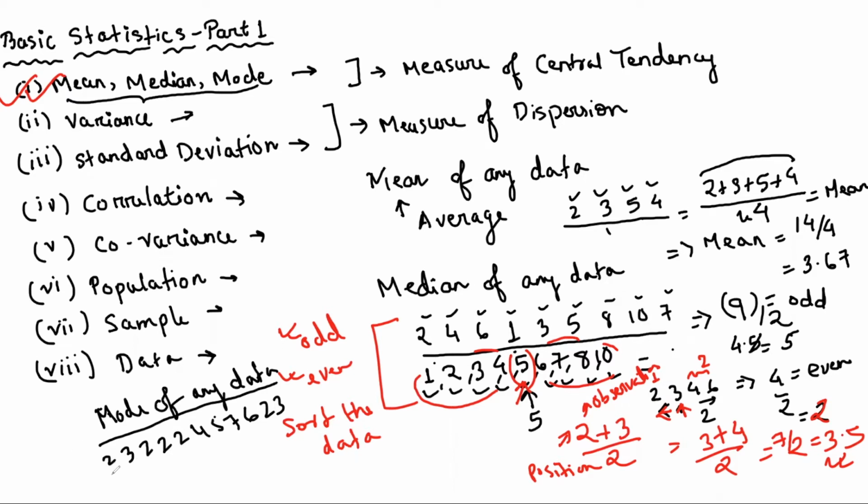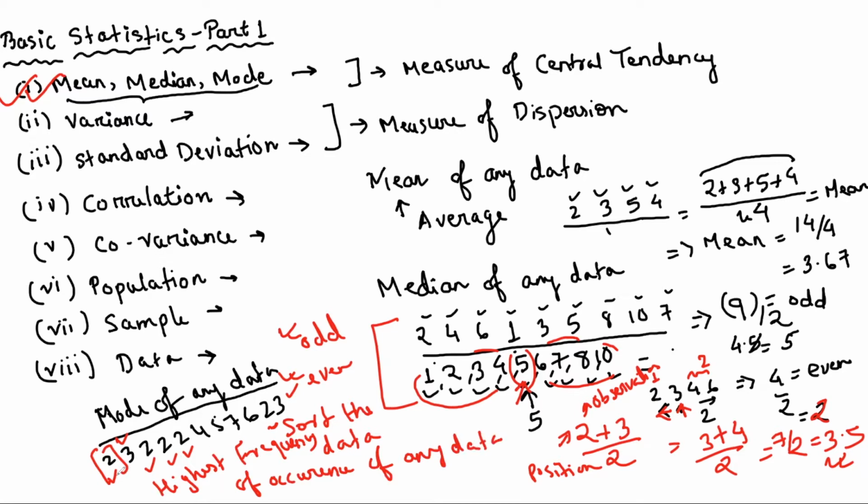It is 2. So 2 has occurred second, third, fourth, fifth time, and 3 has happened only 2 times, right? So mode of this particular data set is 2, because highest frequency of occurrence of any data.